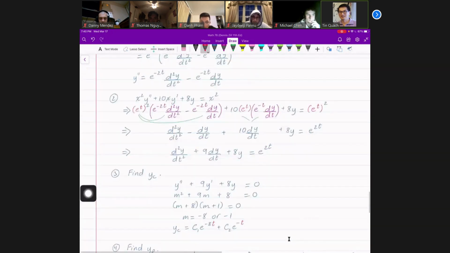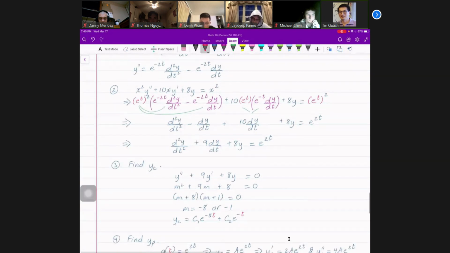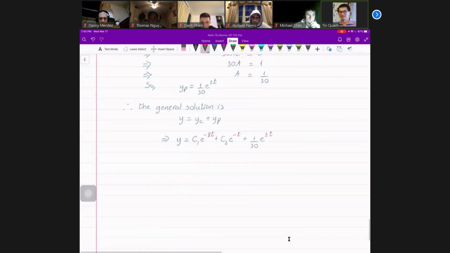So x is equal to e to the t implies t is equal to ln x. You see that? So you can just make that substitution.